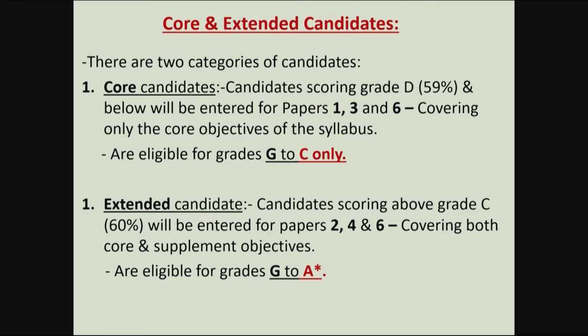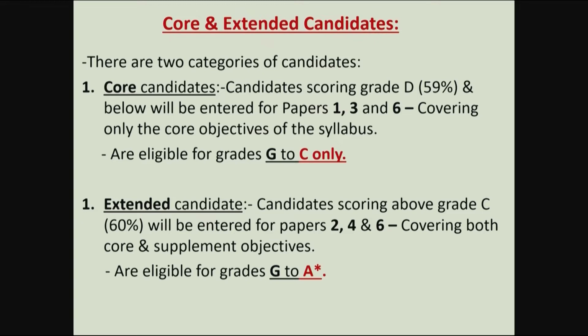Now, it is also important to know that it's a bit different with the Ministry of Education, how they select students after the selection exams. For the selection exams, those students who score 70 and above will be qualified for IGCSE extended.